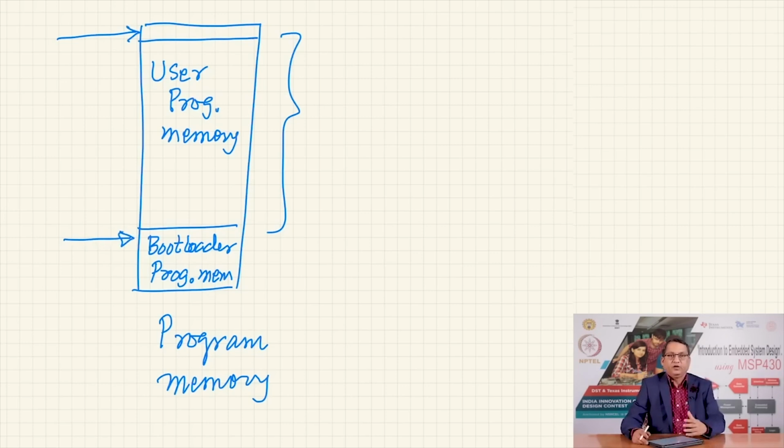The bootloader would communicate using an onboard communication protocol, and usually this communication protocol would be UART, or if it has USB, it would be USB, and it would try to establish contact with the host computer. The host computer would have a corresponding program which would establish communication with the bootloader, and then it would transfer the program memory bytes sequentially, serially, one after the other.